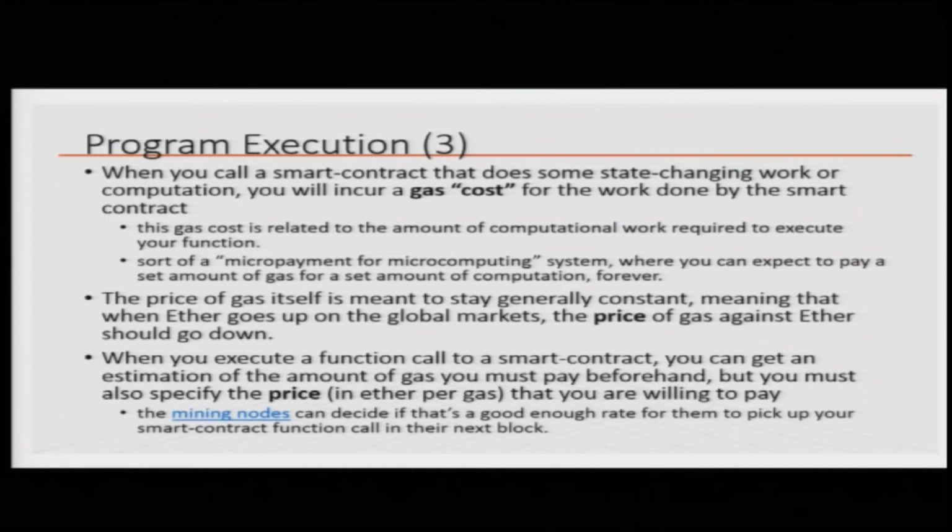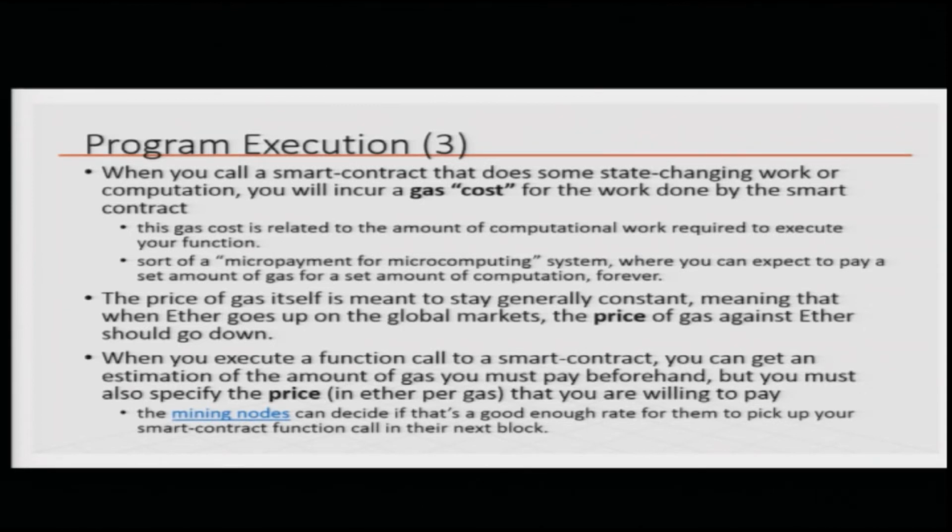You can think of this as kind of like a micro payment per micro computing operation, and you have to do this upfront, otherwise, as I said, there may be an infinite loop. So you have to set an amount of gas for a set amount of computation.